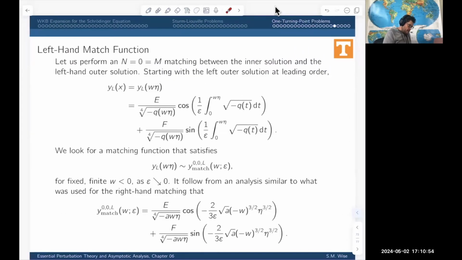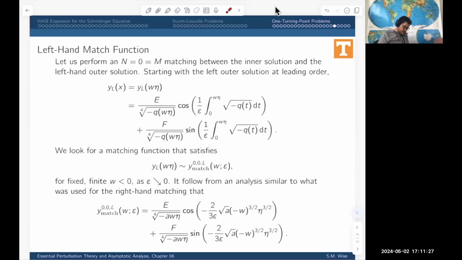Now, what are the left-hand matching functions? What should that look like? So we do our usual procedure. You replace x with w eta, keeping in mind that x is negative and w eta is negative. And we need to expand these functions. If you do that, then you get similar expansions as before.